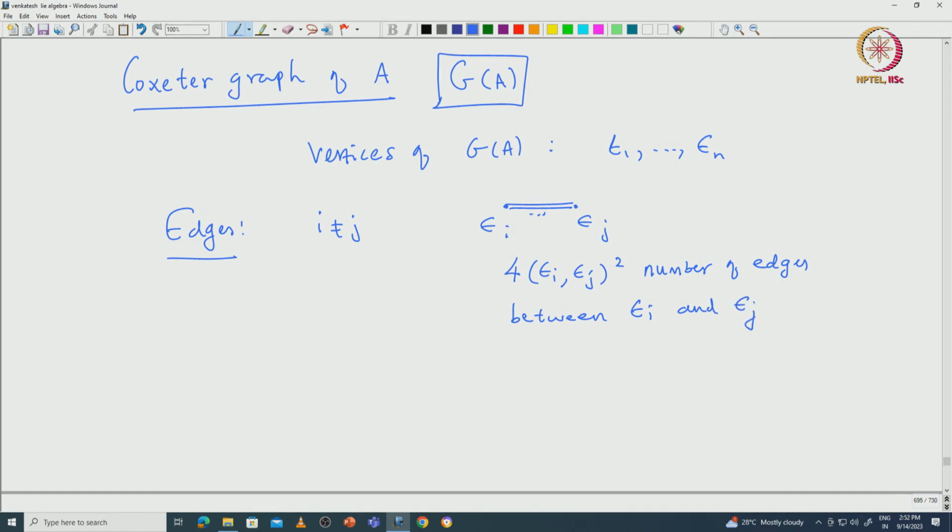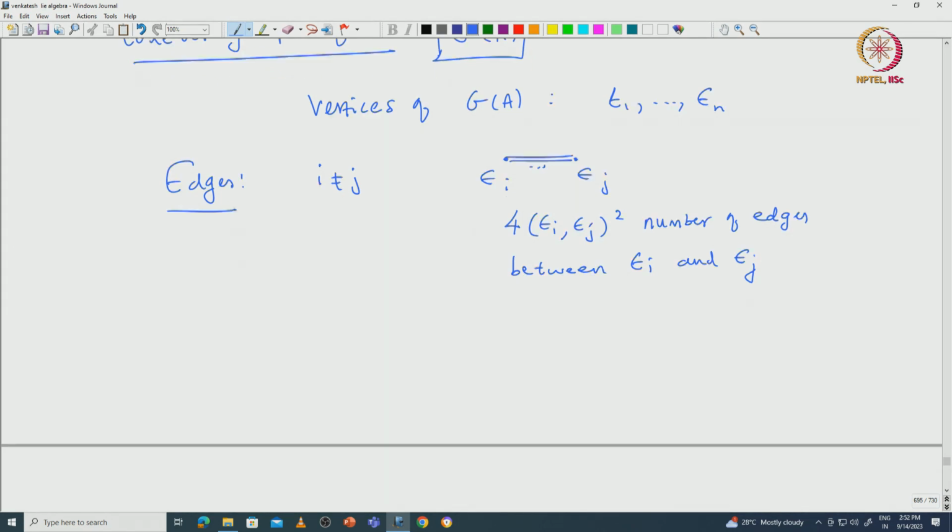Note that this number is either 0, 1, 2 or 3, so a maximum of 3 edges are possible between these two. So, this is the Coxeter graph of capital A.